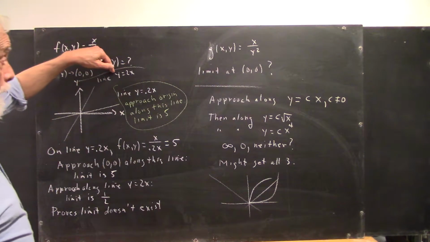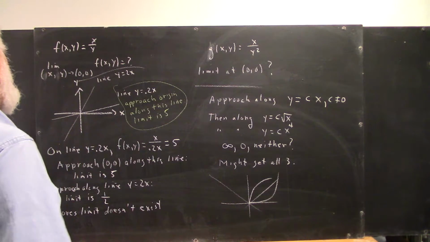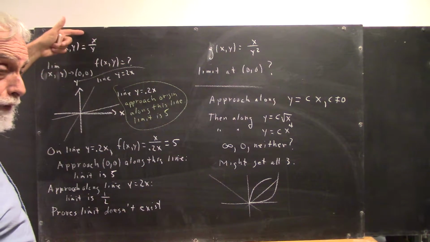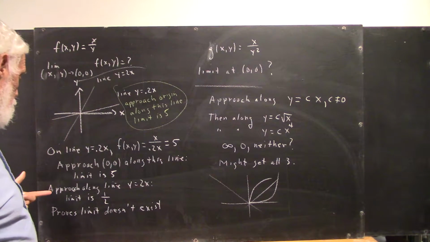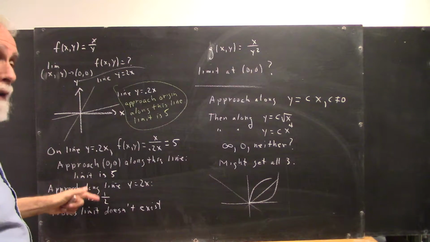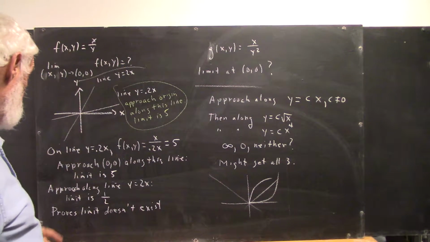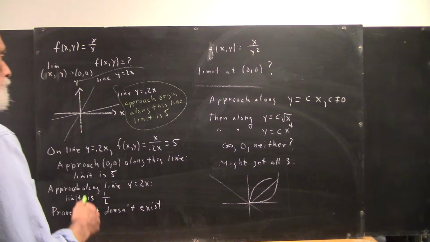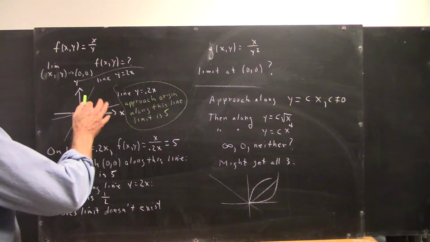If we approach 0 along this line, on the other hand, y equals 2x. So what does x over y equal? It equals x over 2x. Okay, so approach along the line y equals 2x. X over 2x is just 1 over 2, x is divided out. And this proves that the limit doesn't exist, and we'll be a little bit more explicit about that in a minute.